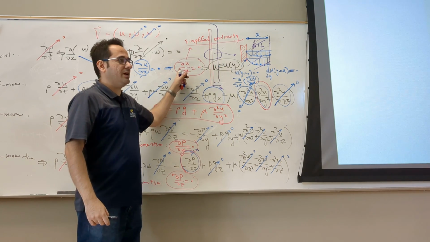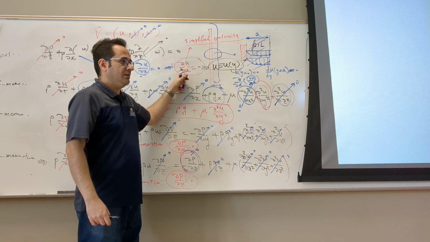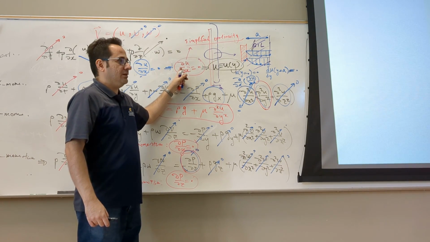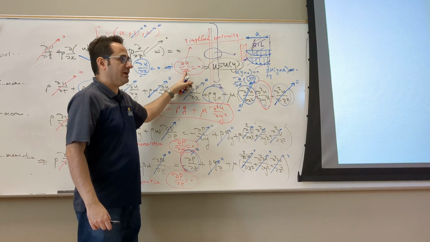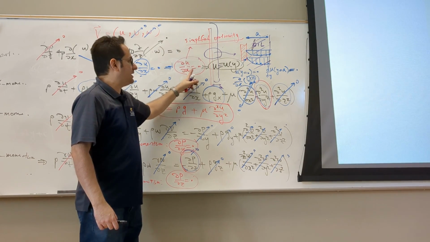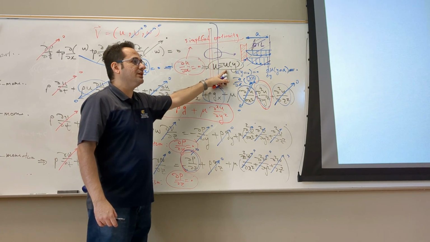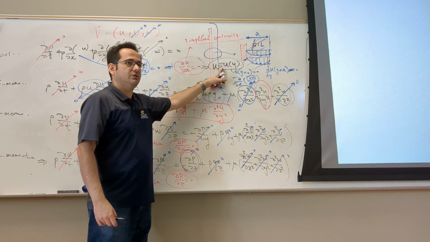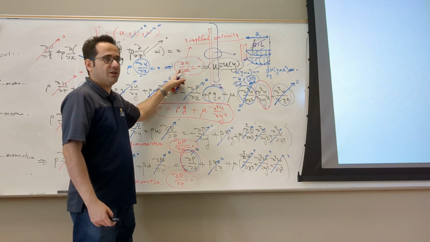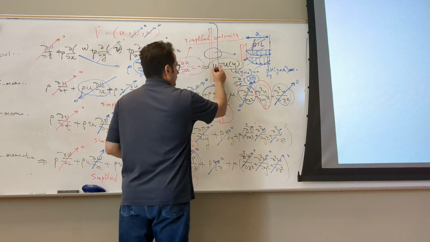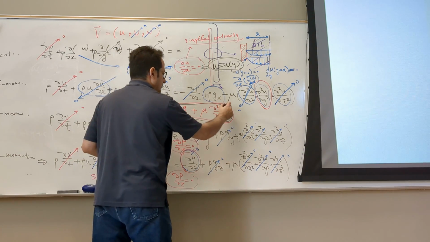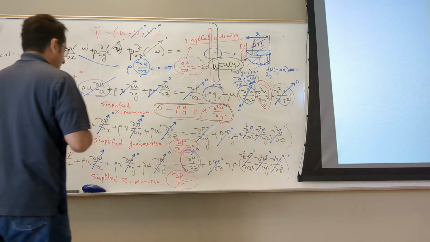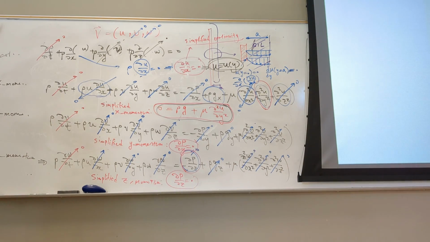Take a derivative with respect to x, what do you get? 0. So u is only a function of y. So if u is a function of y, then I can solve this simple differential equation. So let me solve that.